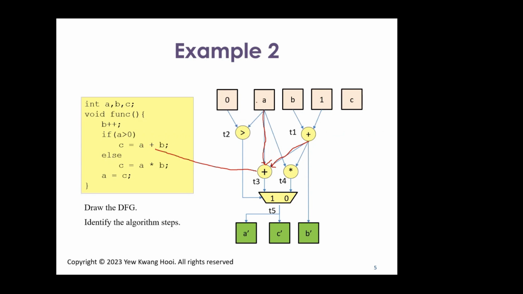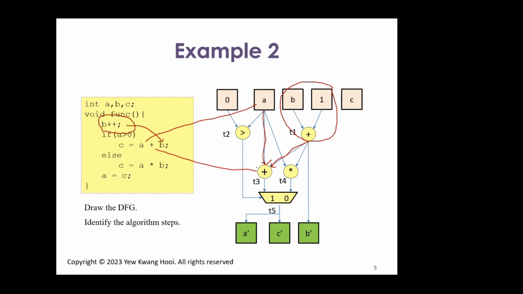This A is coming from this. This B is actually coming from this B++, which was earlier the output of this. That's why we can take the arrow from B+1 and insert it here, because this whole thing in the circle here is actually this B++. And we want to put the value inside here. So this whole thing, B+1, we want to put the value inside the plus operation.